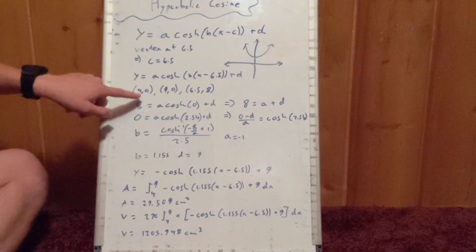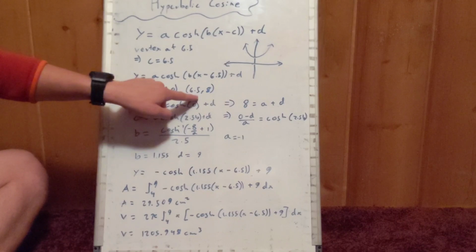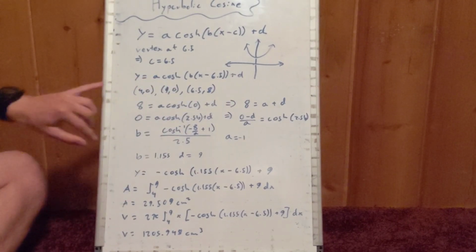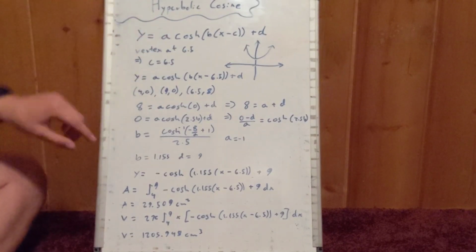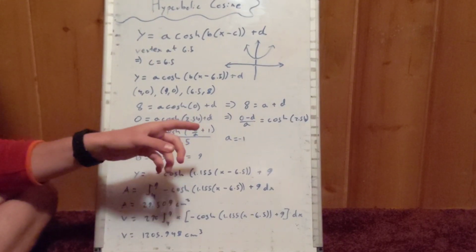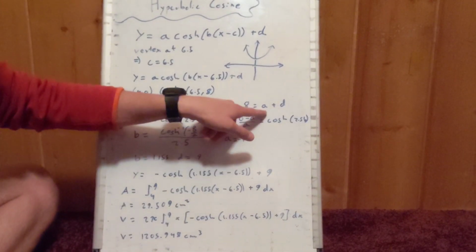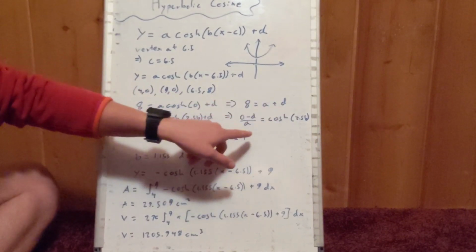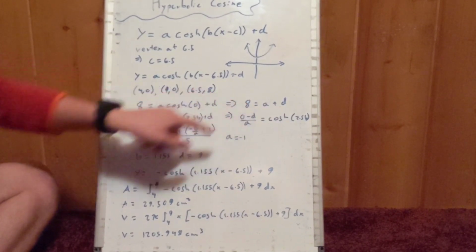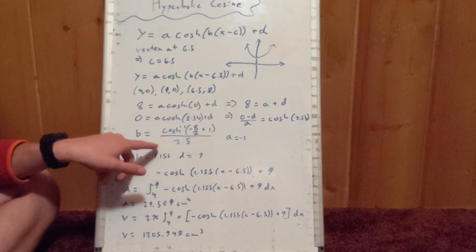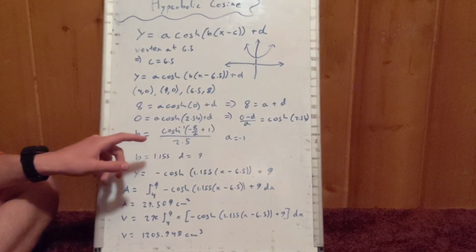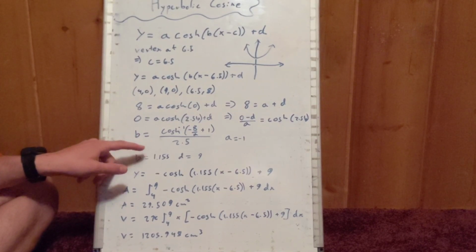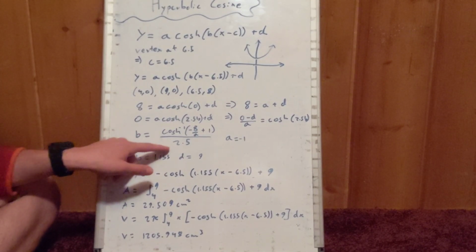And from there, based on our points at 4, 0, 9, 0, and 6.5, we were able to write a series of equations that we could solve for an appropriate expression. Basically what we found is that our A and D values, our amplitude and our vertical shift, are interdependent given our maximum height, and that we could write an equation here that relates our maximum height to our horizontal stretch, as you can see here.